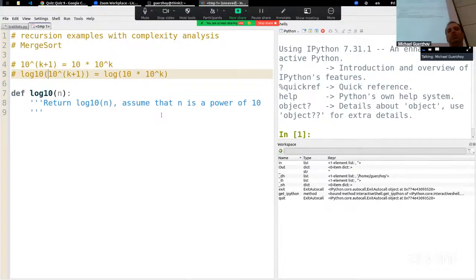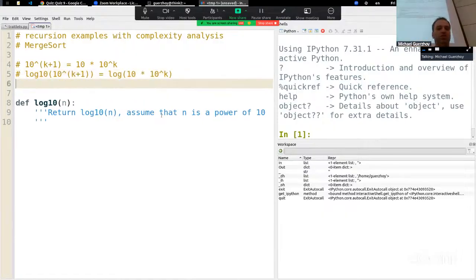And then what's log 10 of 10 to the power of k plus 1? That's like asking, I have the number 10 to the power of k plus 1. What power do I need to raise 10 to in order to get that number? The answer is k plus 1, right?